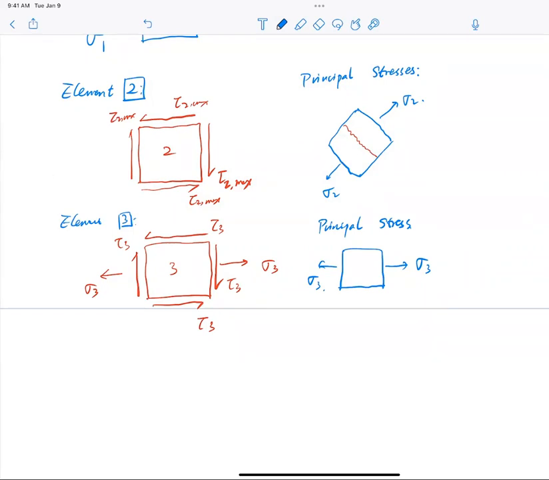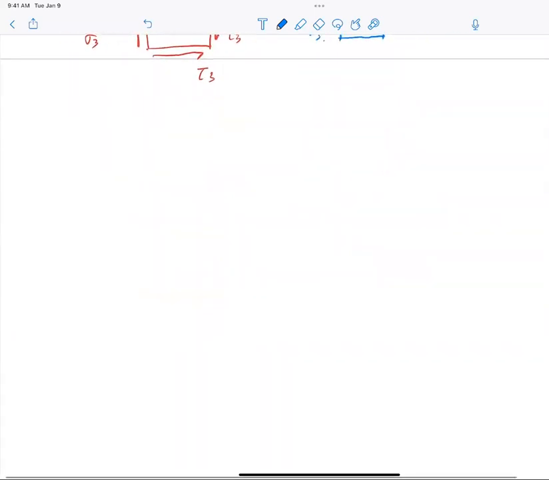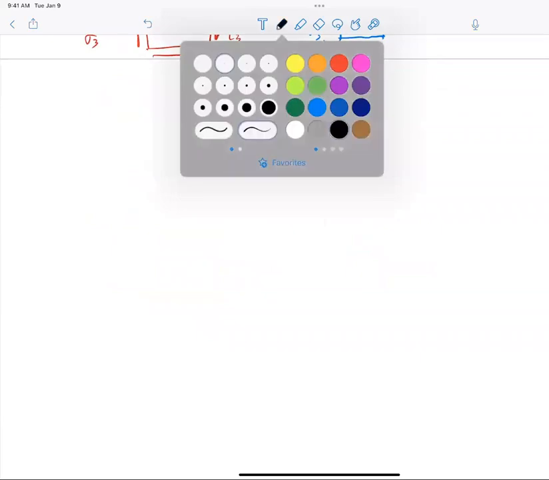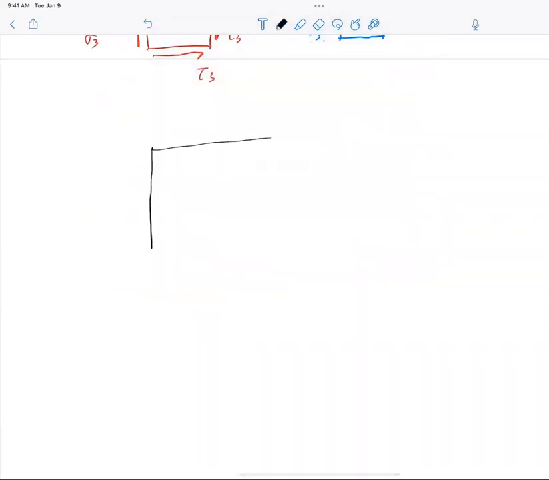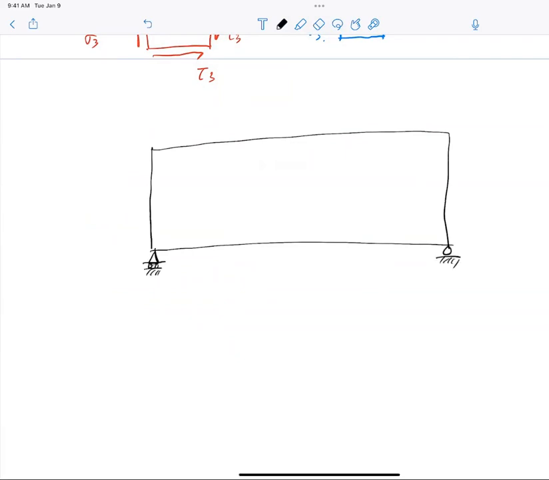How so? Because now, if I look at a simply supported beam, I'm drawing the beam out again. Let me do a trick here. I want to take a look at the trajectory of the principal stresses.